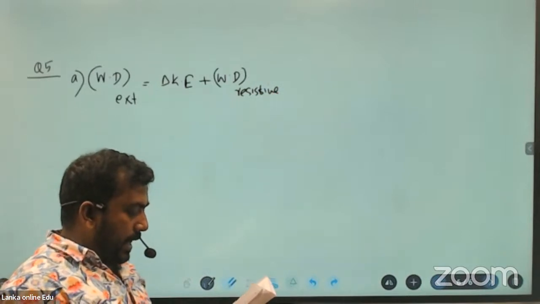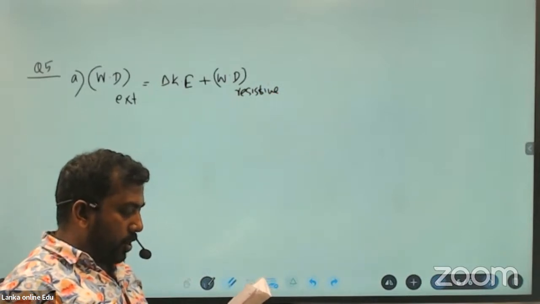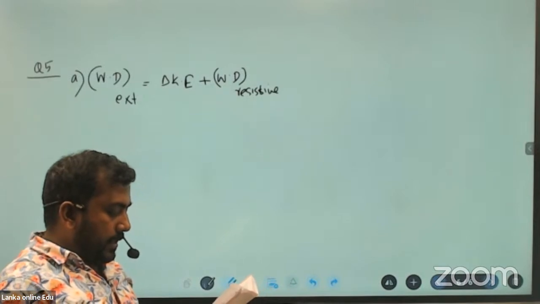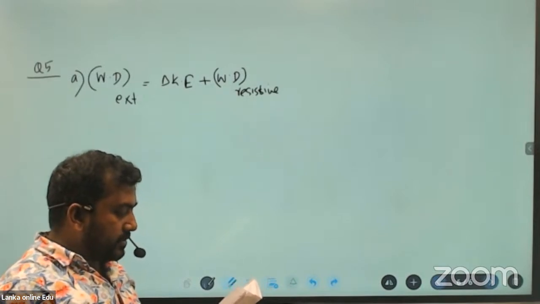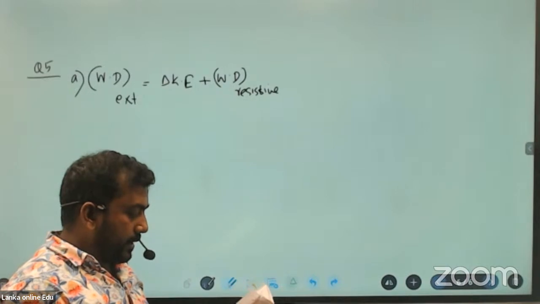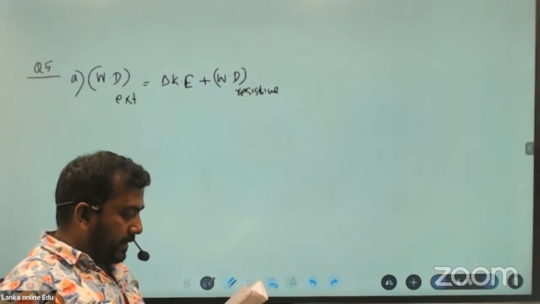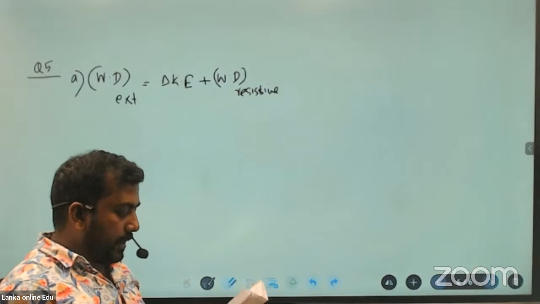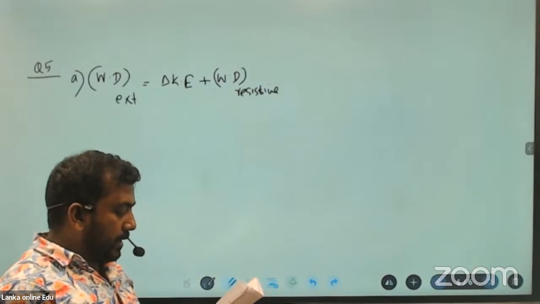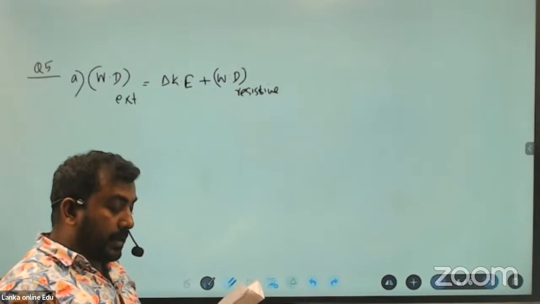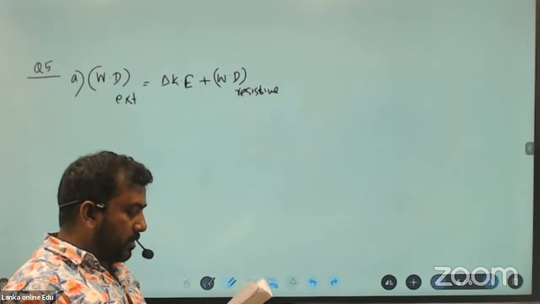A bullet collides perpendicular to a stationary block and has penetrated a distance of 2 centimeters, and 1/5 of its initial velocity is lost. Find the distance traveled by the bullet in the block when it comes to rest. Consider the resistive forces acting on the bullet to be constant.